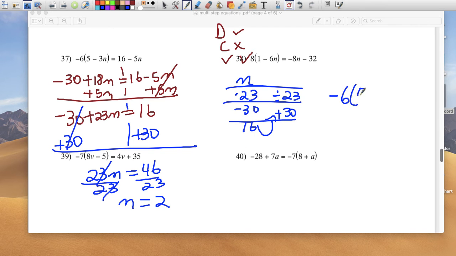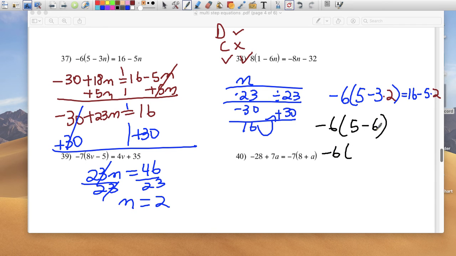Negative 6 times parentheses 5 minus 3 times 2, which equals 16 minus 5 times the 2 again. So I'm just going to write 2 in a different color. So those are my two substitutions that I made. Negative 6, and inside the parentheses, we get 5 minus, and 3 times 2 is 6, right?